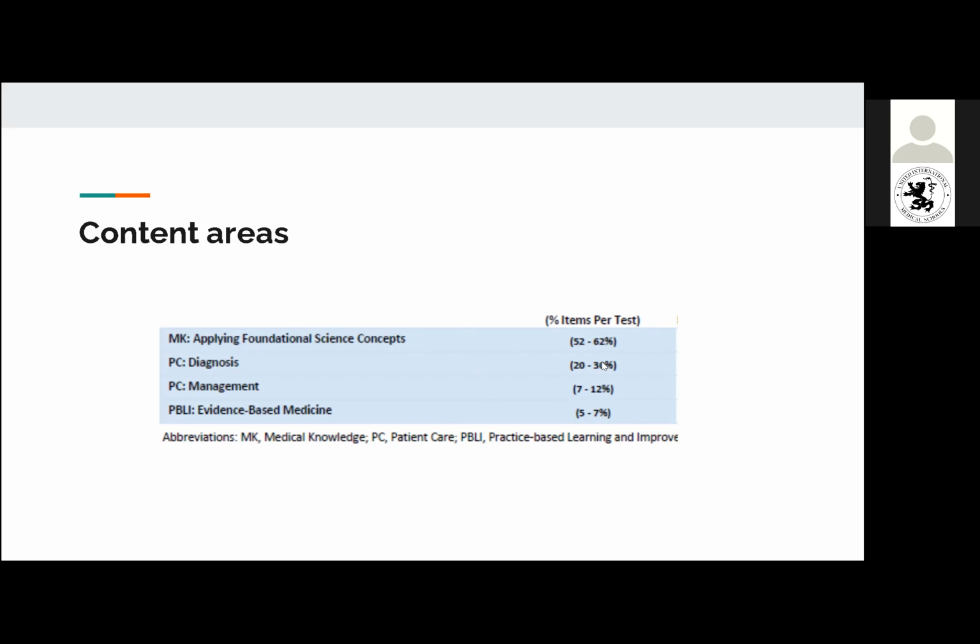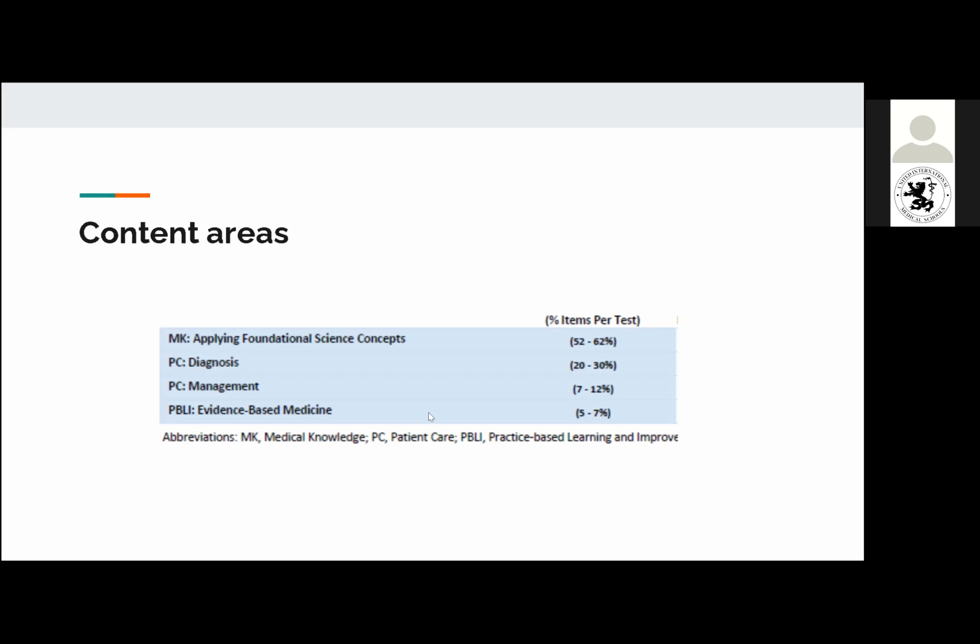The second part of the exam is about patient care diagnosis, so your ability to diagnose diseases. And then there's also your ability to manage diseases, so treatment. And finally, a small part of the exam is about evidence-based medicine, so your ability to interpret studies, for example. So this is one way of dividing the USMLE questions.